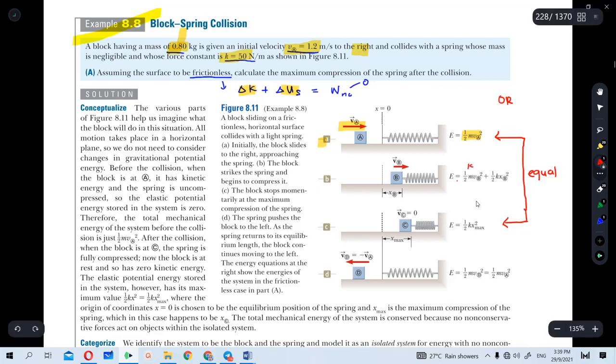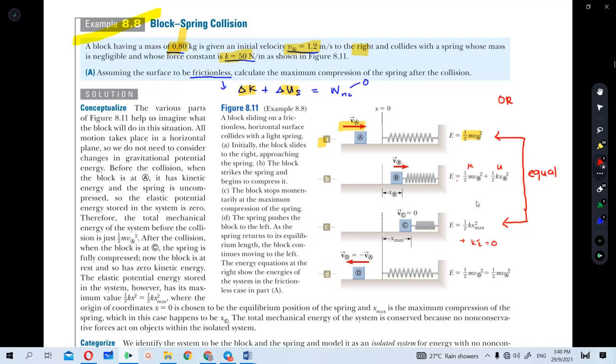So this is kinetic plus potential of the spring. But the amount should be equivalent. And then when it compresses fully, the system's kinetic energy turns to be zero. Why? Because once you compress to the maximum, the object is about to U-turn, nak balik ke belakang.